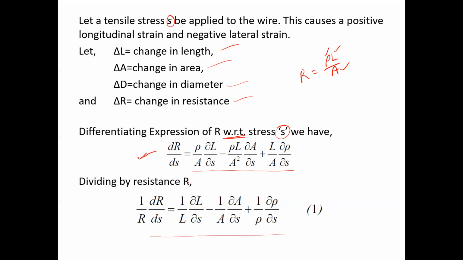On the right hand side we are not considering R itself, but rho L by A. If you divide the right hand side by rho L by A, you are modifying the previous line into this one.